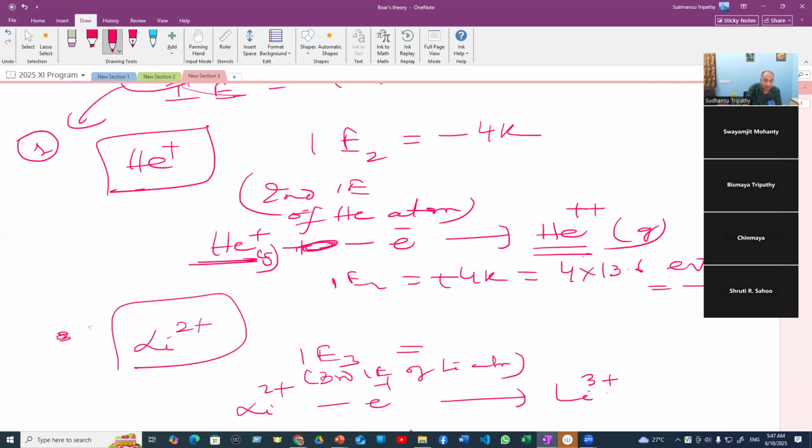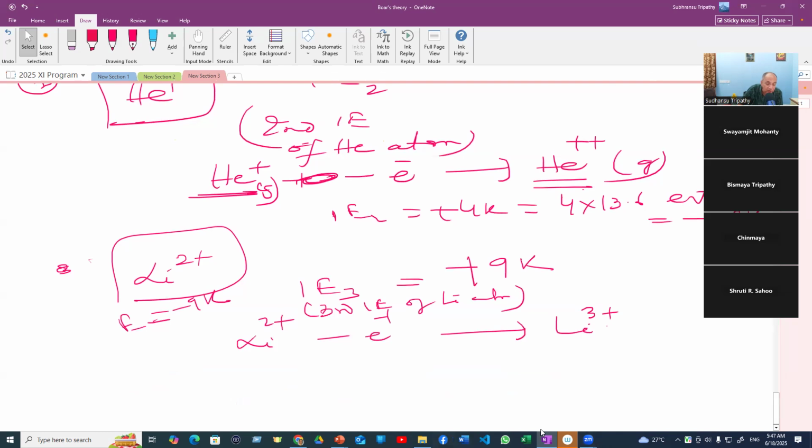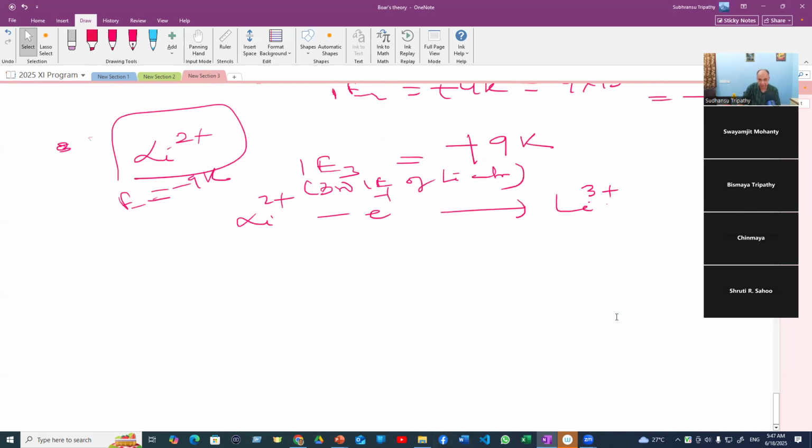How much is it? Minus K Z square, in terms of K, 9K. Plus 9K, because energy is minus 9K. So if you give plus 9K, then it will be knocked out from the ground state to infinite distance. So Li double plus will be converted to Li triple plus.